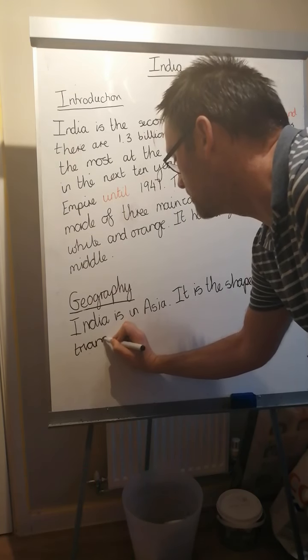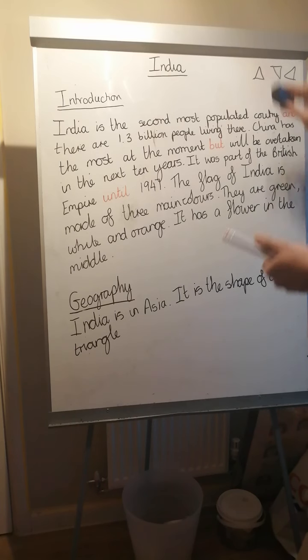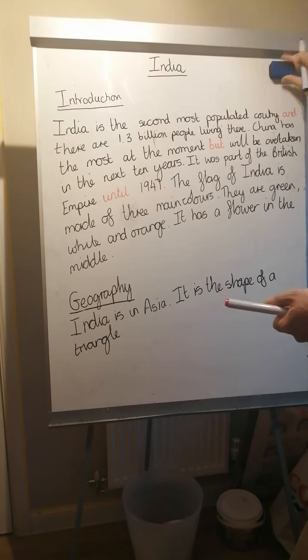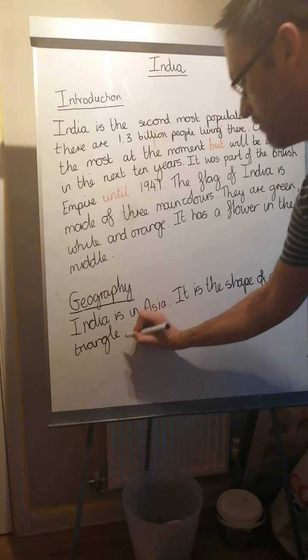Some of you might want to say it's an upside down triangle, but it's still a triangle no matter which way you put it. So a triangle, that is still a triangle, that is a triangle, and that is a triangle. Okay, there's no such thing as an upside down triangle really. So India is in Asia. It is in the shape of a triangle.